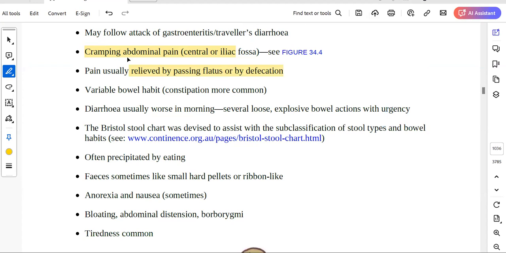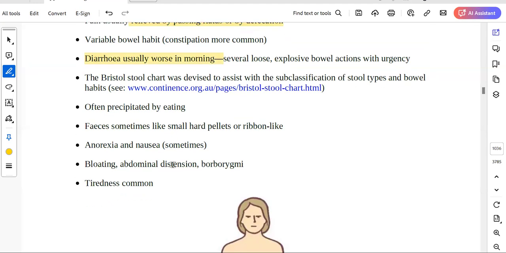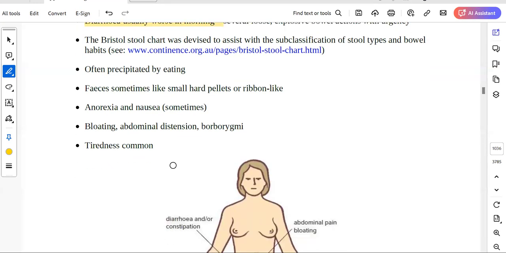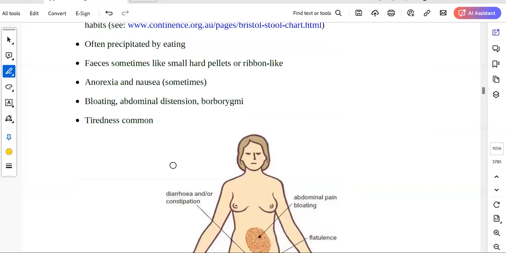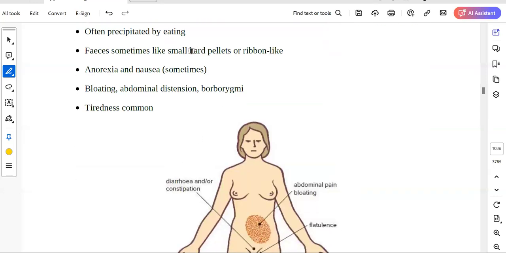If it is diarrhea-predominant, the diarrhea will be worse in the morning, and they will feel an urgent need to go to the toilet. If it is constipation-predominant, they get a hard pellet or ribbon-like stool.